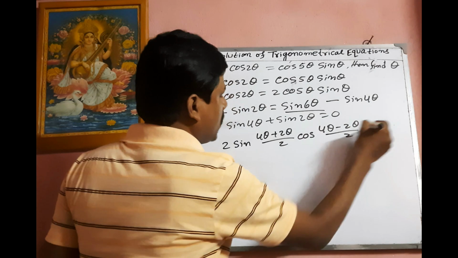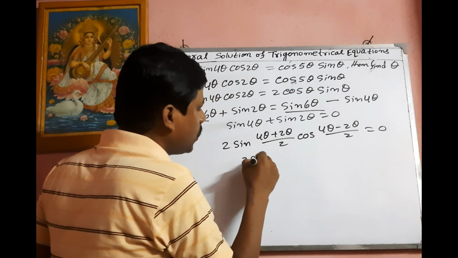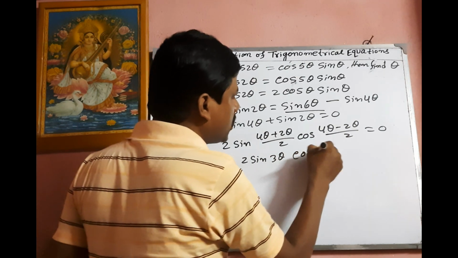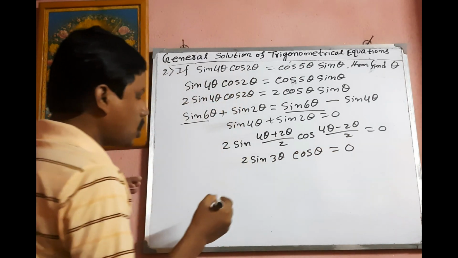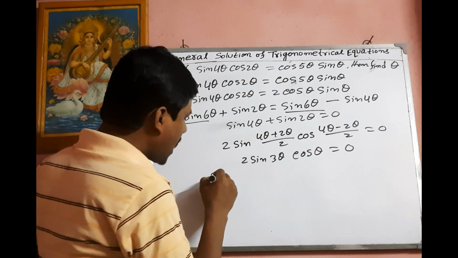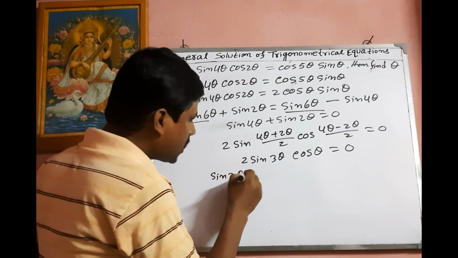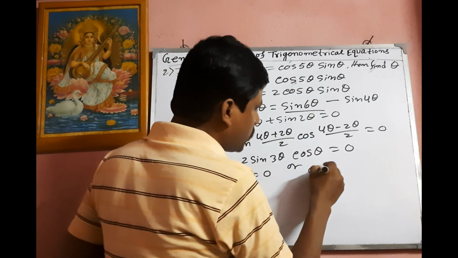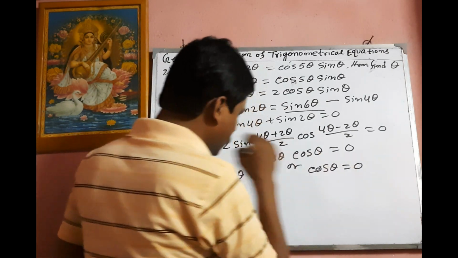So after calculating we get sin of 3 theta and cos of theta is equal to 0. So we can say sin 3 theta is equal to 0 or cos of theta is equal to 0.